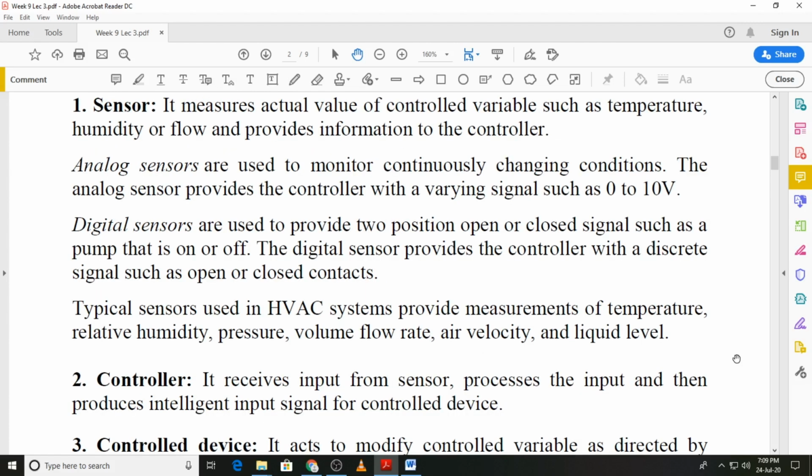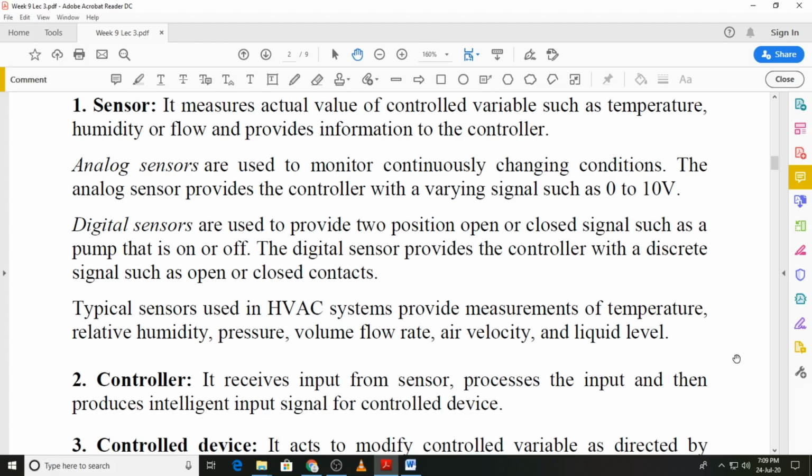The sensor, as I said, will measure the controlled variable, which could be temperature, or it may be humidity, or the flow rate. And so we can have two types of sensors: analog sensors, which produce a continuous signal according to the variable, which may be continuously changing, so it will produce a changing signal as well.